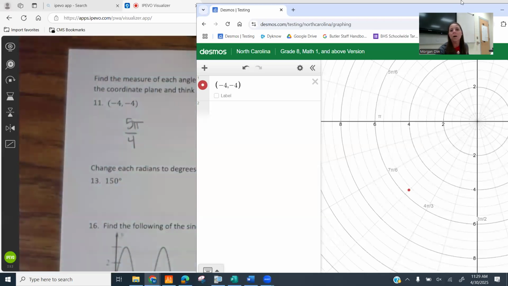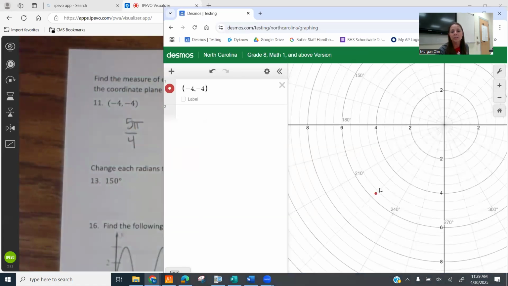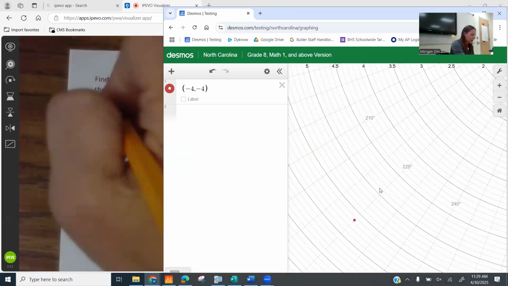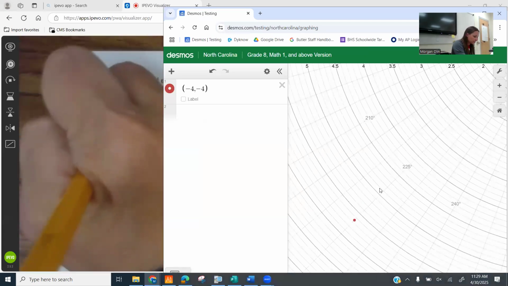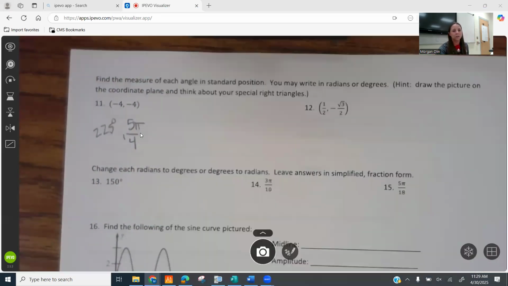Now, if I want the degree, I can toggle and change this to degrees, and then I zoom in. You can see that is at 225 degrees. And I said you can write it in either.